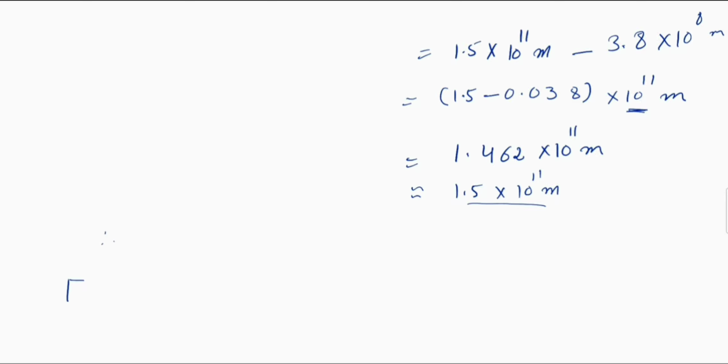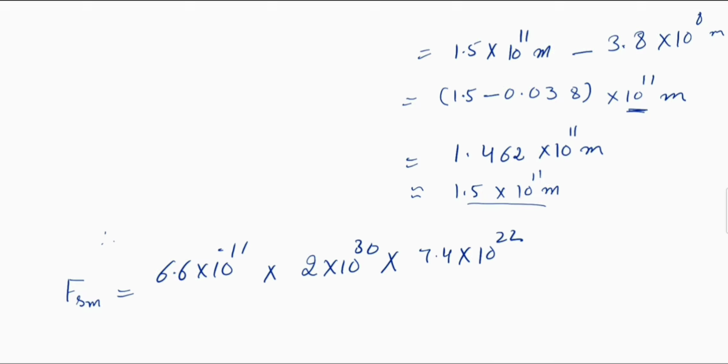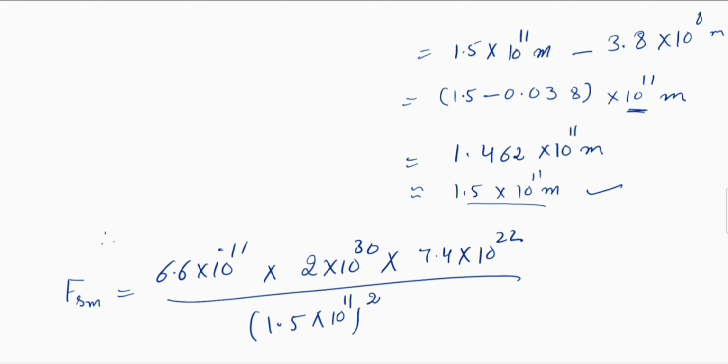The force between the sun and the moon is equal to 6.6 into 10 raised to power minus 11 into the mass of the sun, 2 into 10 raised to power 30, the mass of the moon 7.4 into 10 raised to power 22 divided by this 1.5 into 10 raised to power 11 whole square. If we solve all this, we'll get 4.39 into 10 raised to power 20 Newton.